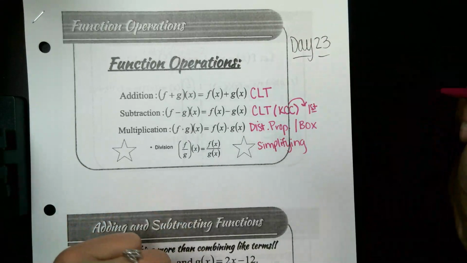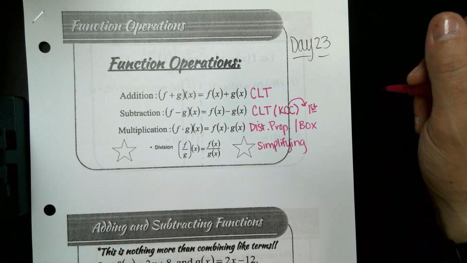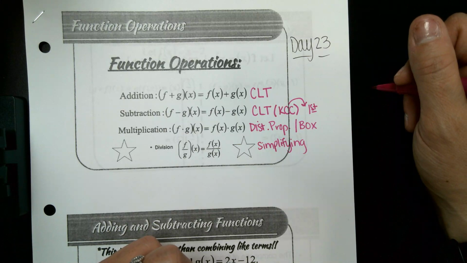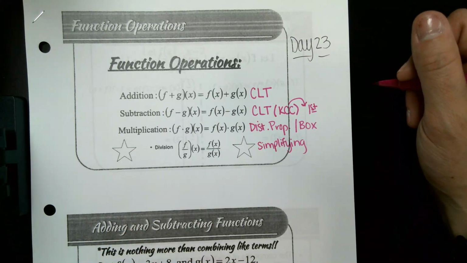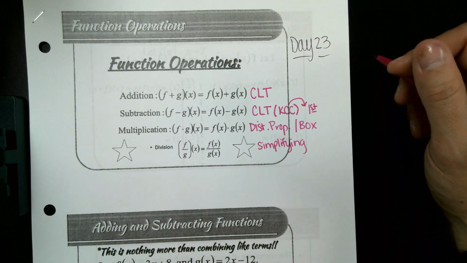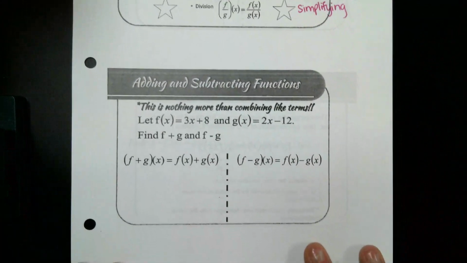Simplifying could mean factor the top, factor the bottom, see what cancels. Or it could just be they give you a number to plug in and you would actually do the division. Okay, so we're going to go through some examples together, starting with addition and subtraction.